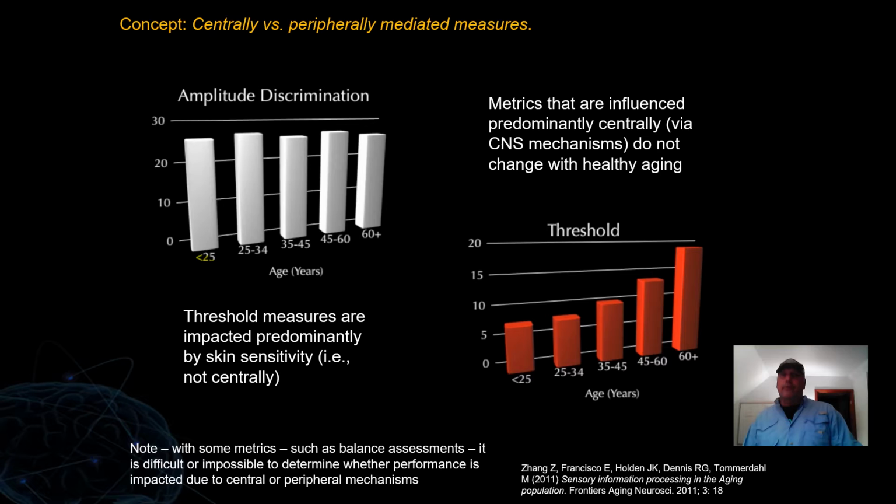So that's very different from traditional sensory testing, which says you get worse as you get older. The graph on the right, where higher numbers are worse, thresholds go up, that means sensitivity goes down. That means basically that's a traditional measure of sensory testing where people look at sensory threshold or sensitivity, and it's really more a reflection of skin physiology than it is of the central nervous system. So central nervous system mechanisms actually stay pretty well intact as long as you stay healthy.